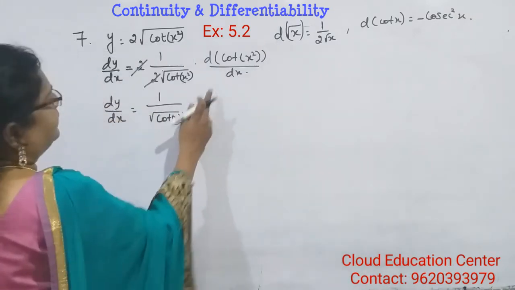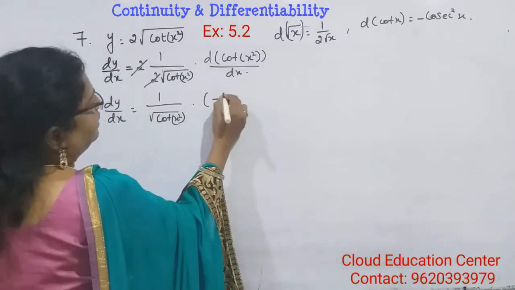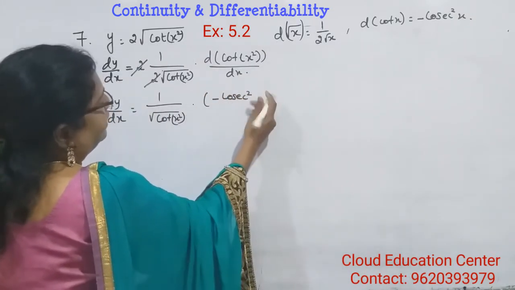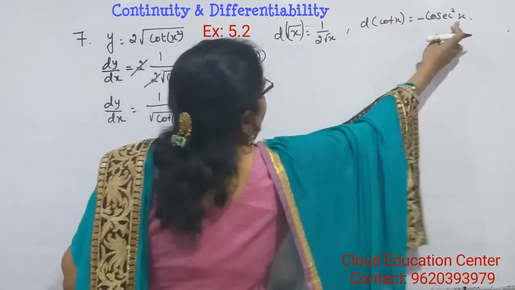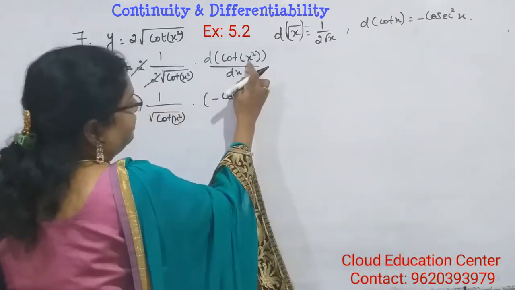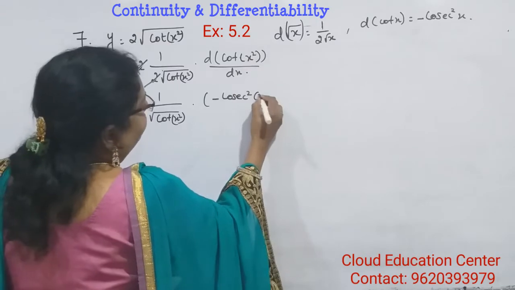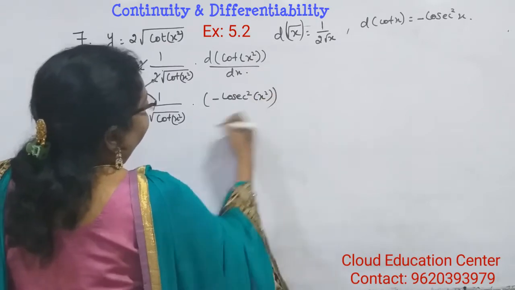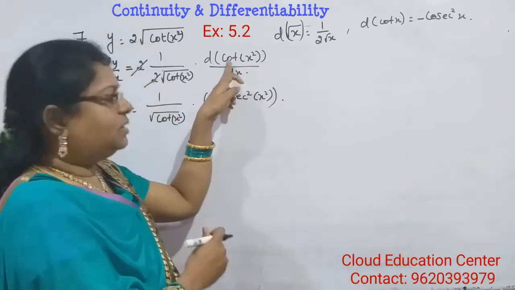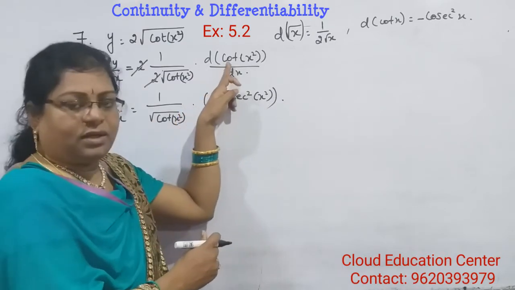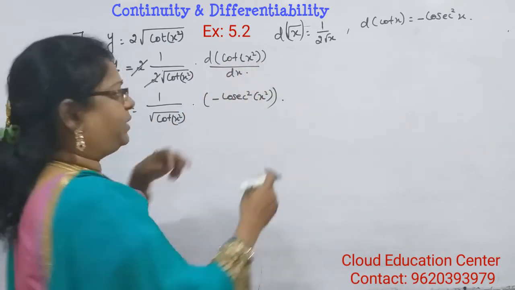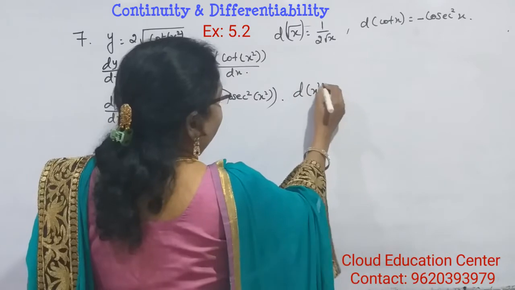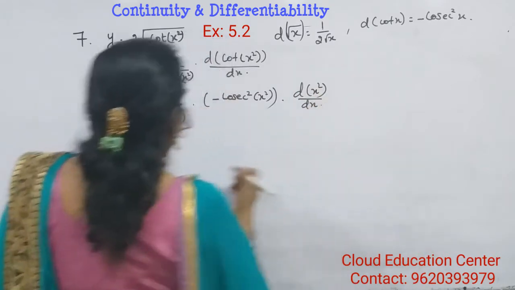We substitute that here: minus cosecant square. We have x here, but here we don't have x, instead we have x square, so we will write x square. That's it. Now we differentiated cot, next we have to differentiate x square, so differentiation of x square divided by dx.